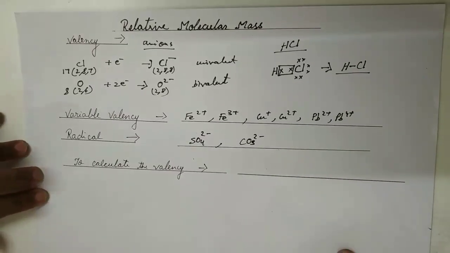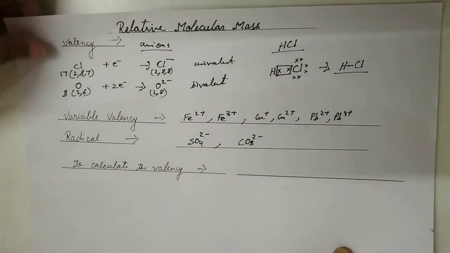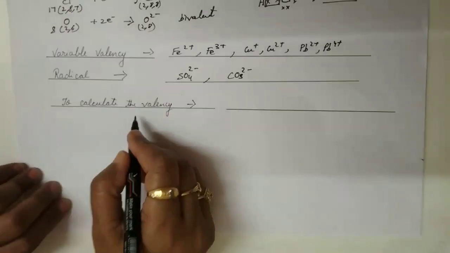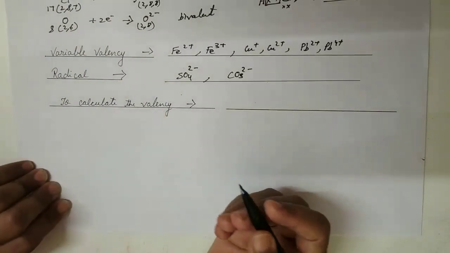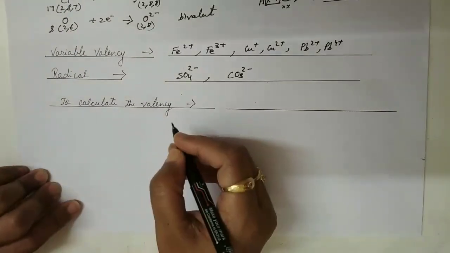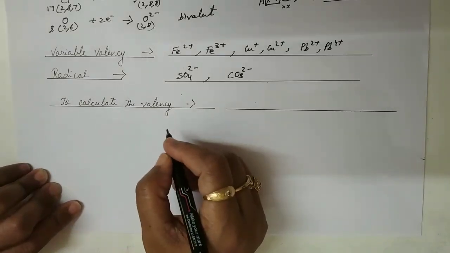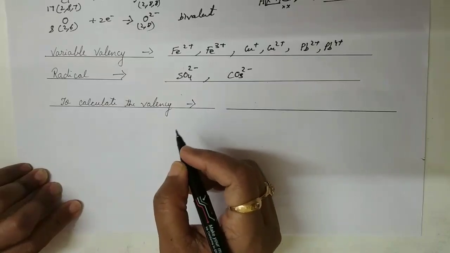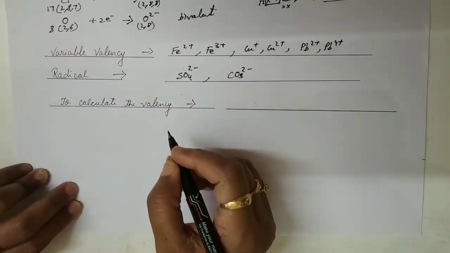We now come to one of the very important calculation, that is to calculate the valency. I just discussed that if it is a compound, it is made up of one cation and one anion. So then it becomes a compound.